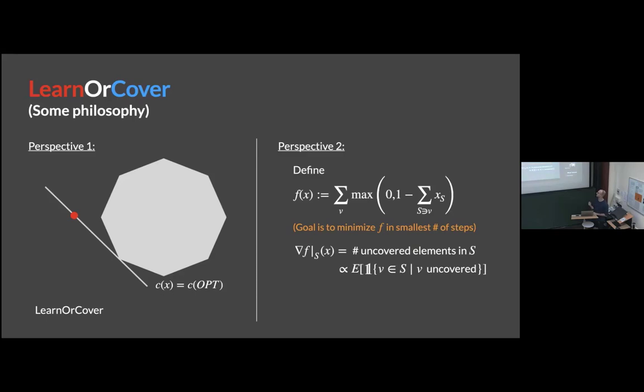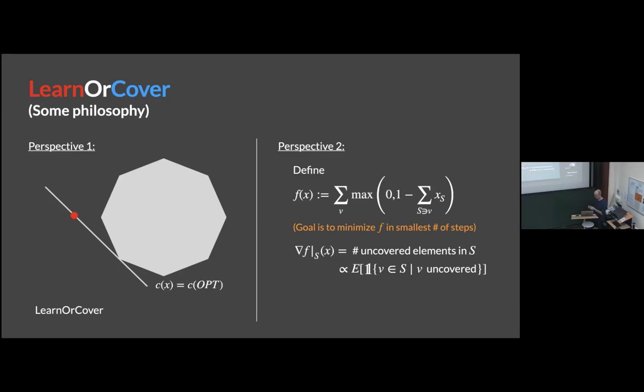This is proportional to the following. Let's look at an element and a particular set, and take the indicator of whether this element, conditioned on being sampled from the uncovered part of the space, lands in that set. This is exactly an estimate of this gradient. Let me let you stare at this for a second. It's scaled, but otherwise an unbiased estimate of this gradient.